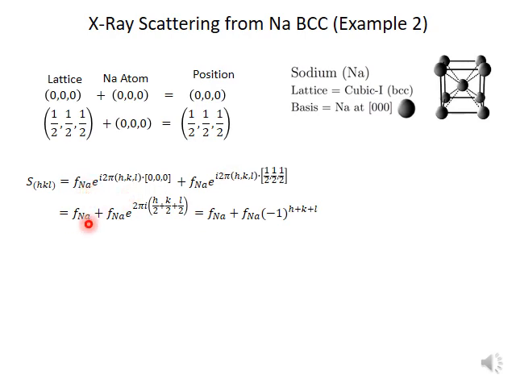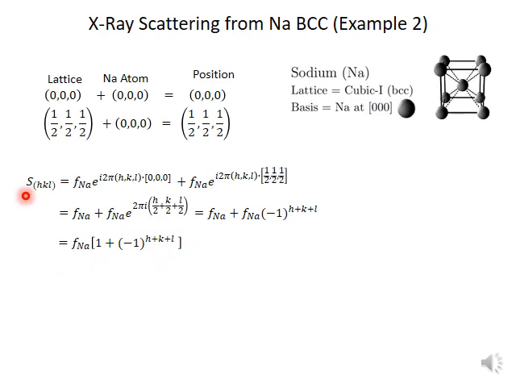You can simplify this summation. This would give you the atomic form factor as it is. This would give you the atomic form factor multiplied by this factor, which is again -1 to the power h plus k plus l. So this whole term you can write in this form. You can simplify it further by taking the constant out, and you have 1 plus -1 to the power h plus k plus l.